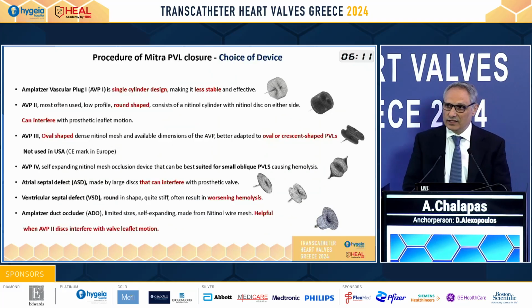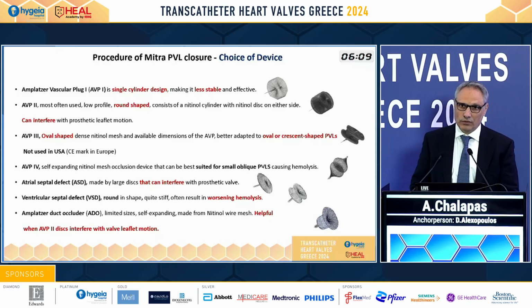And regarding the device that we can use, up to now there is no dedicated device. Most of these devices are made from nitinol. In the early years, we used the ASD and VSD devices, and lately we use more often the AVP2 for round-shaped defects, or the AVP3, which is better adapted for crescent-shaped defects.